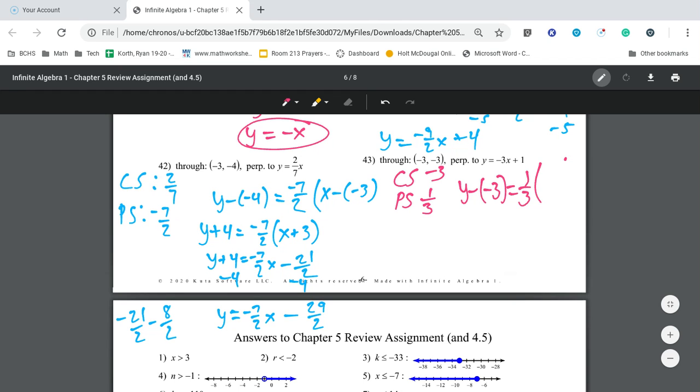Y plus 3 equals 1/3 x plus 1. Subtract 3. Y equals 1 over 3 x minus 2. We made it. Congratulations.